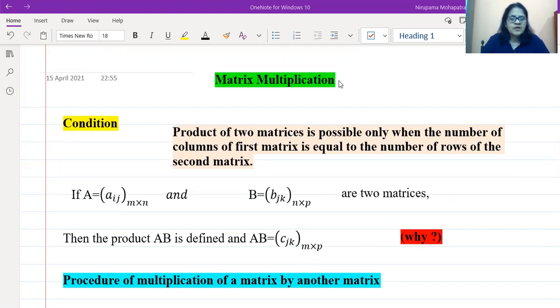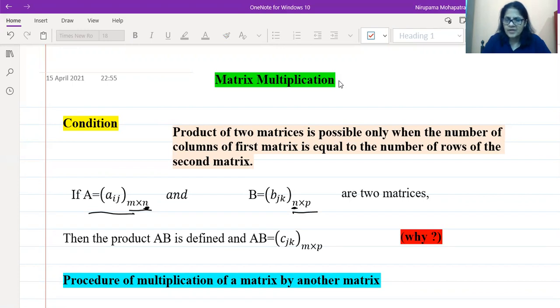Mathematically, if A is a matrix of order m by n and B is another matrix of order n by p, then the number of columns of the first matrix equals the number of rows of the second matrix.